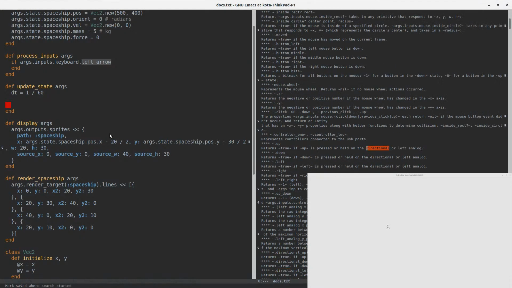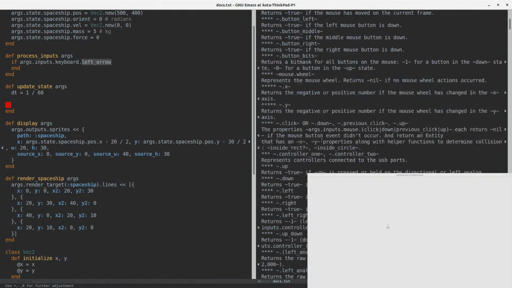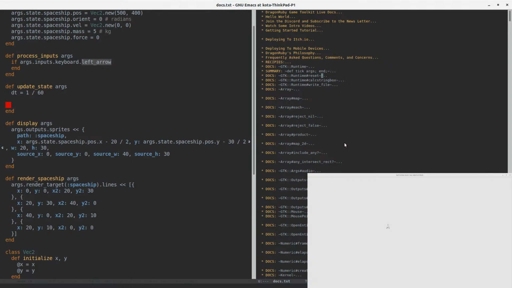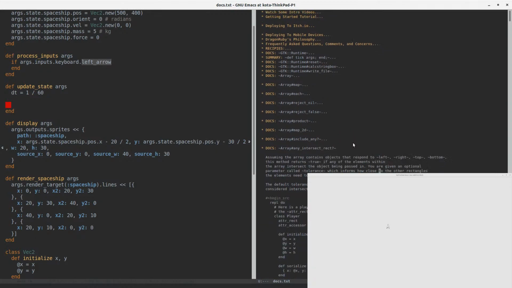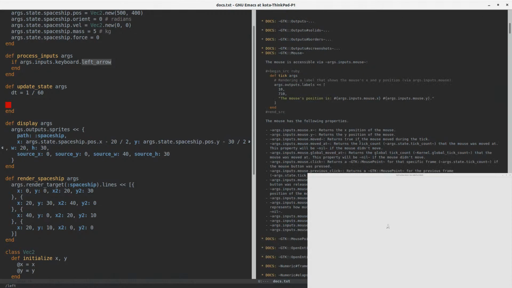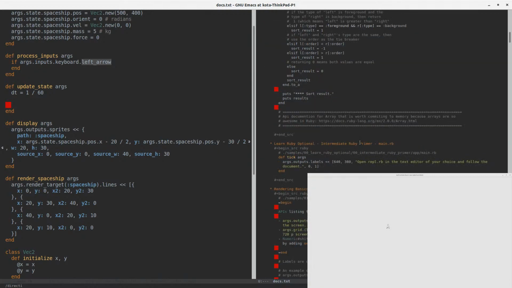Directional. Oh, I guess we just use... Let's see, org mode this. Okay, so left. Yeah, directional.